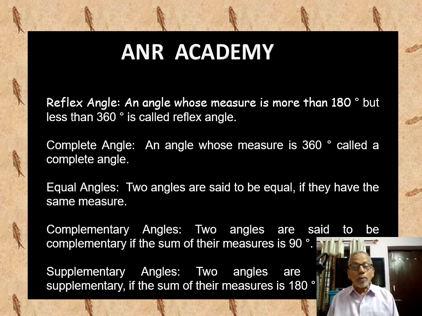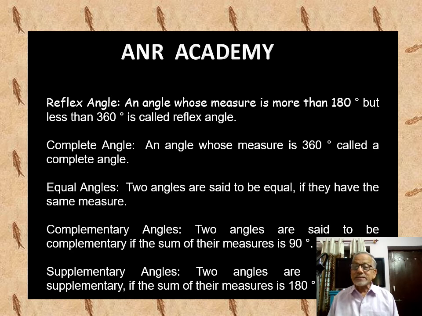What is a complete angle? A complete angle means an angle whose measure is 360 degrees. So equal angles. When do we call two angles equal?